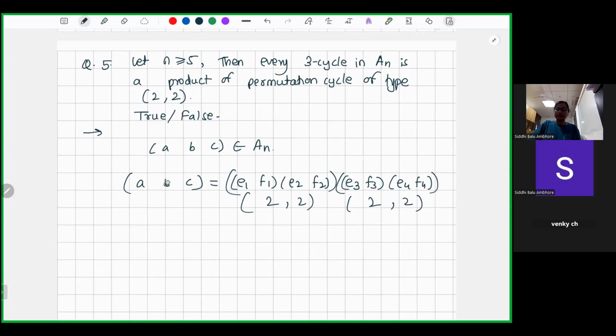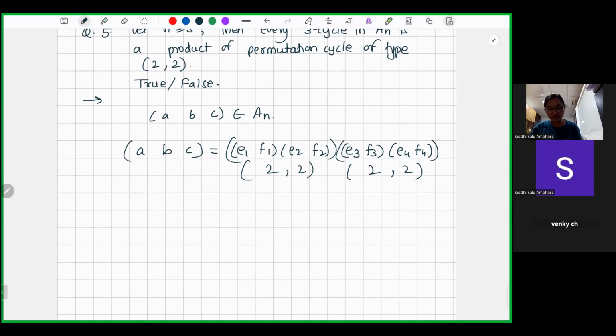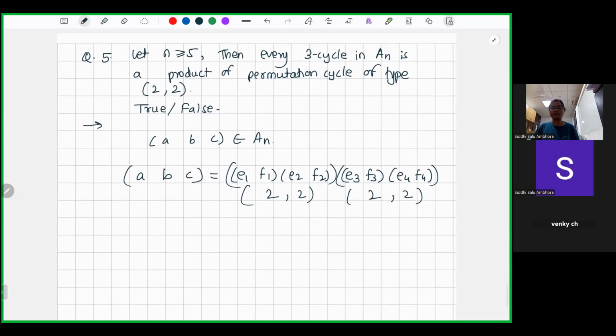And what they are saying is that any 3 cycle in A_n for n greater than or equal to 5, we can write it as a product of 2-2 cycles. How to prove that, or is there any counterexample that some A_n cycle cannot be written as a product of 2-2?